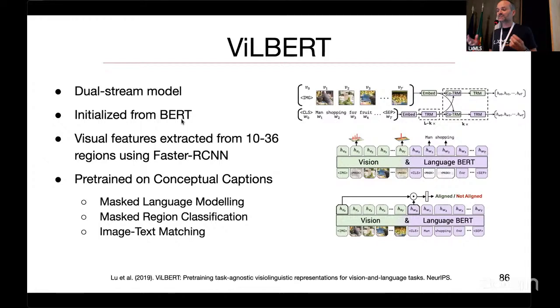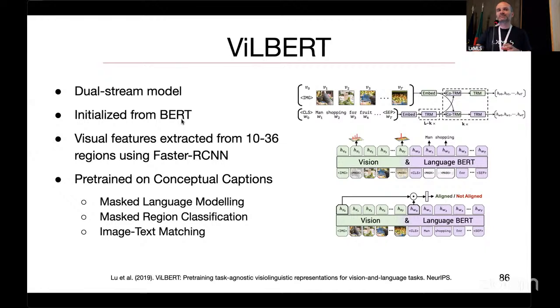Some examples of these models would be something like ViLBERT, which I mentioned before. It was a dual-stream model that was initialized from BERT, and it had visual features extracted from regions of interest. This was using Faster R-CNN, which I mentioned just before the break. They used between 10 to 36 regions of interest based on the confidence of the feature extractor.